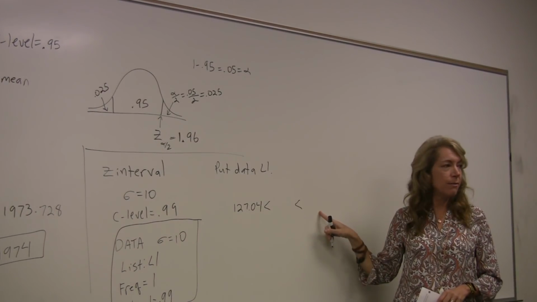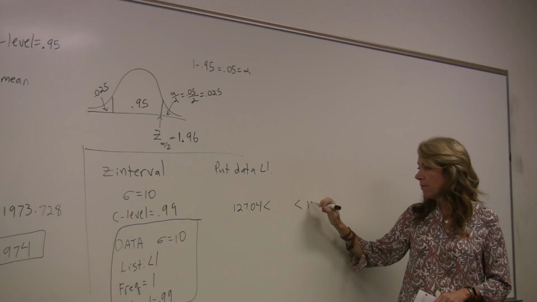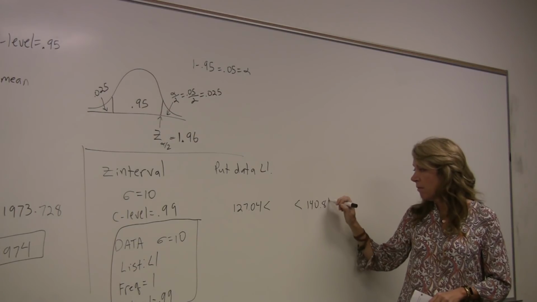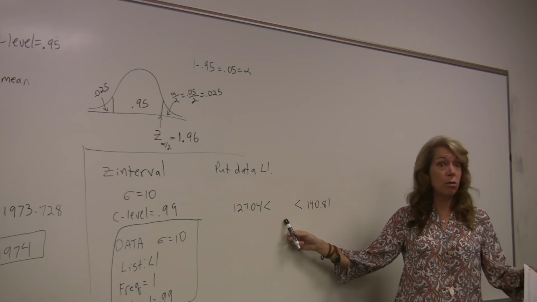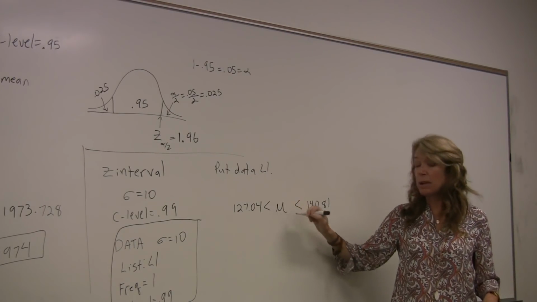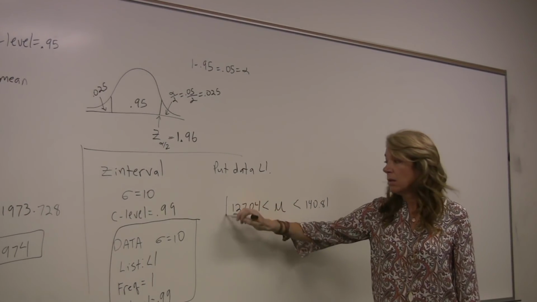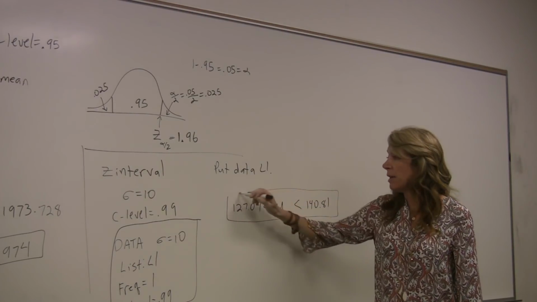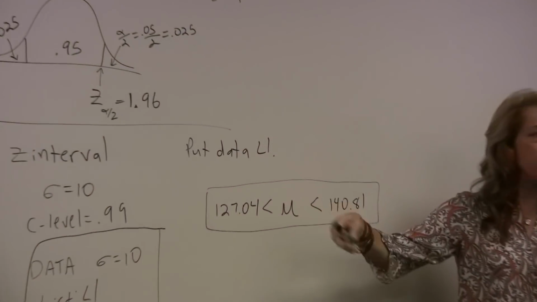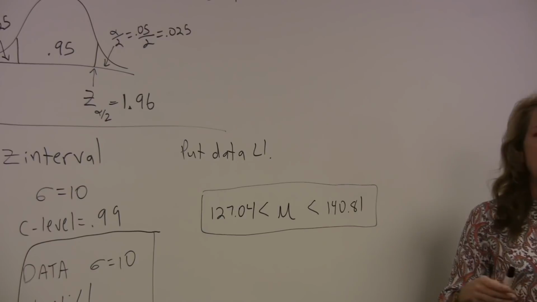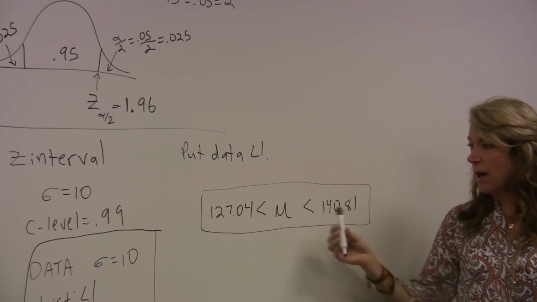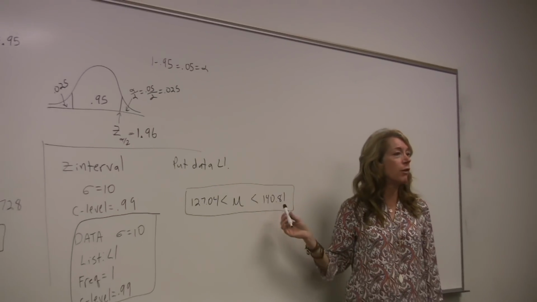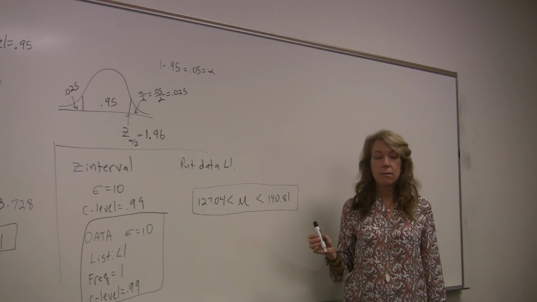What's the number over here? 140.81. What goes in between here? Mu. Remember, we're estimating the population mean. So we know that the mean blood pressure, if all medical students kept taking this person's blood pressure, they'd get really irritated, but eventually the mean would be somewhere between 127 and 140. 133.